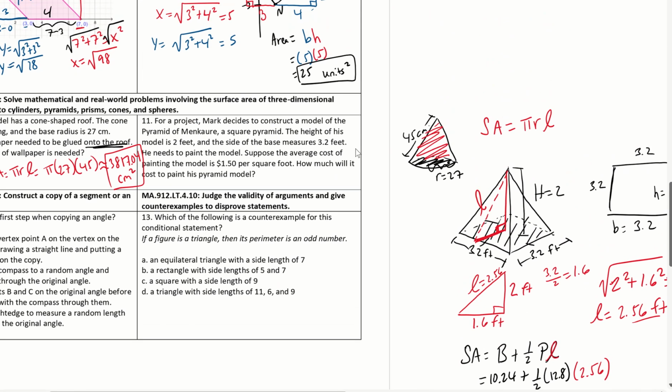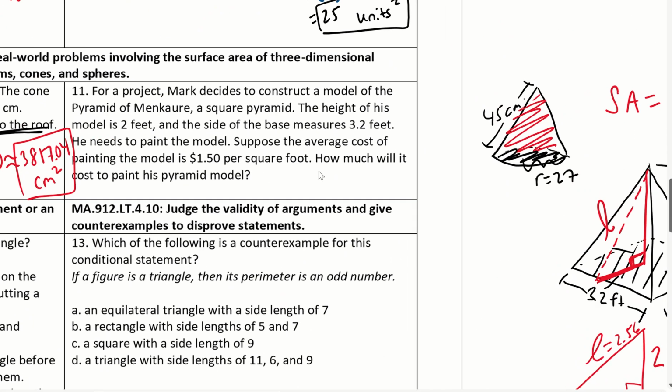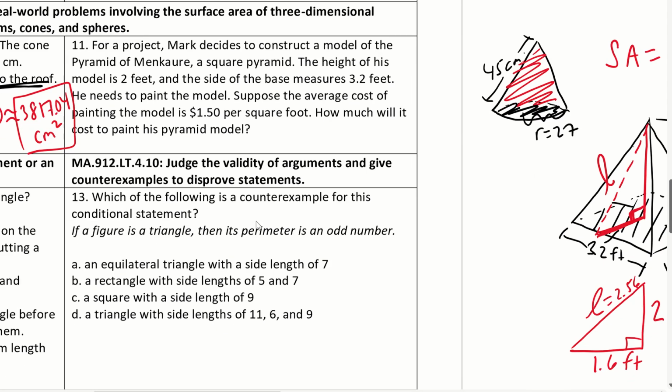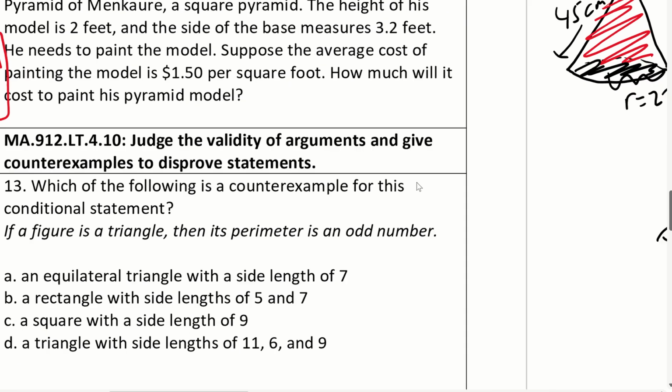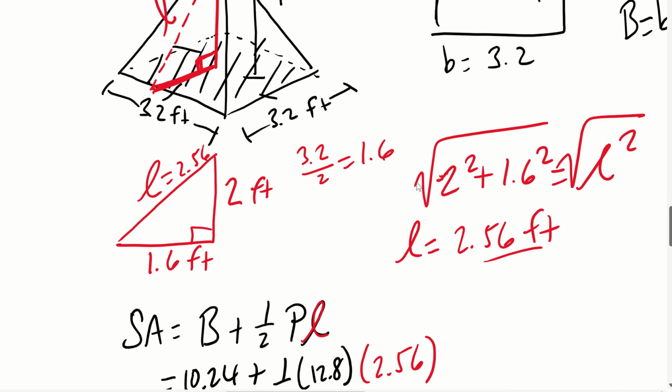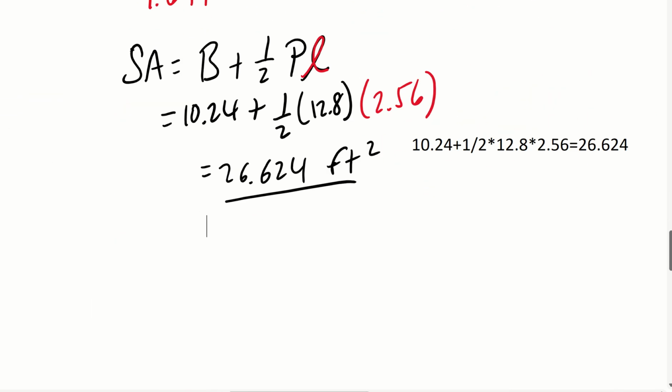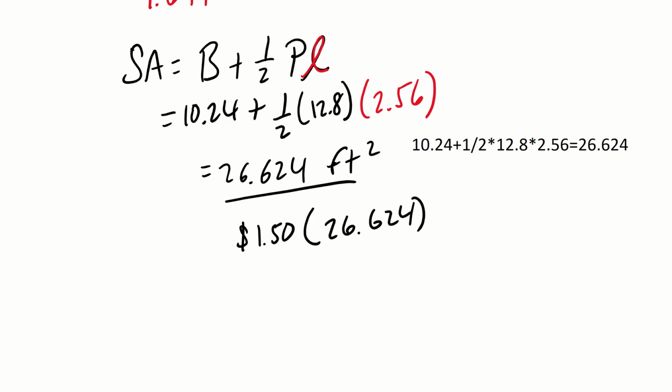Now, that's not the final answer because remember, it says suppose the average cost. We want to say how much does it cost to paint this. It says it's $1.50 per square foot. So if it takes $1.50 per square foot, and this is how many square feet we have, well, we have to do $1.50 times that. And that'll tell us how much money we had to spend to paint, okay?